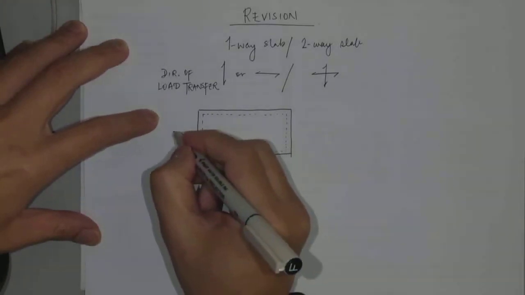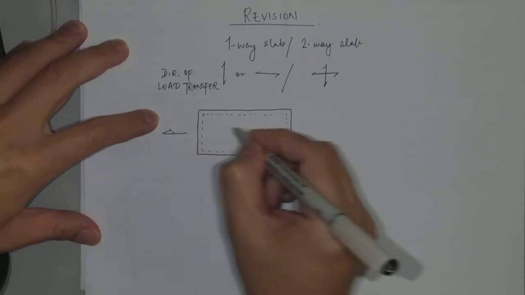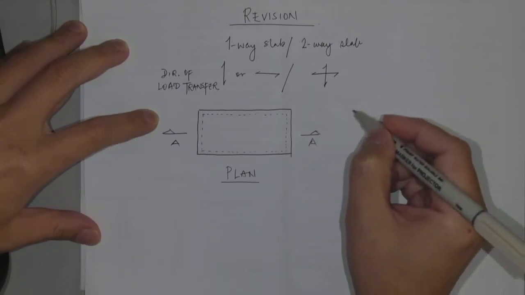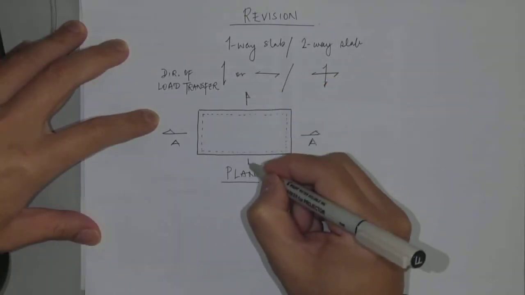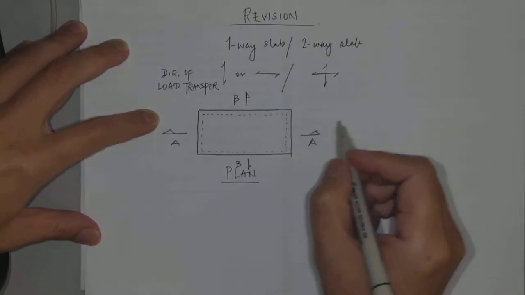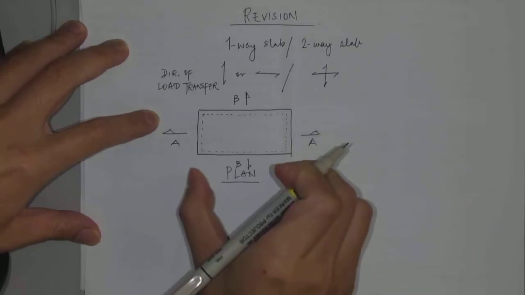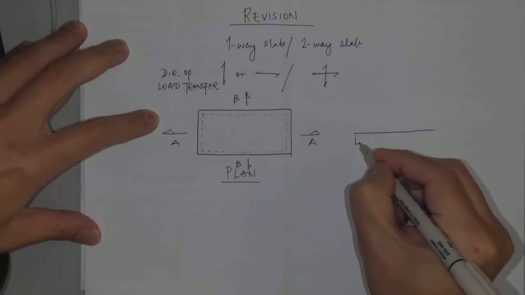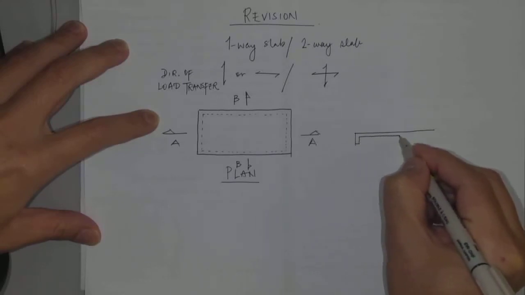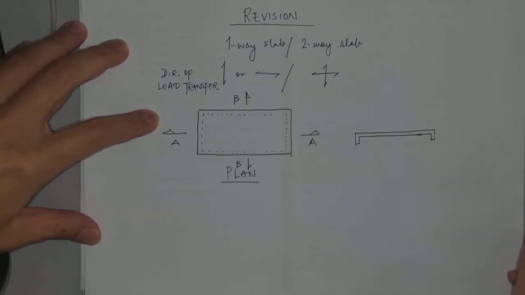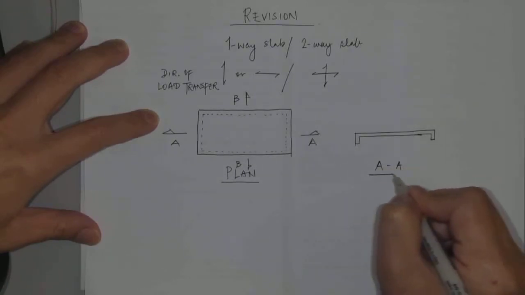Right, so if you want to cut a section, let's say you cut a section here, say this is your section AA, or a section BB, more or less the same. If you cut section AA, that would look something like this, so that's the beam supporting the slab like that. So this is your section AA.